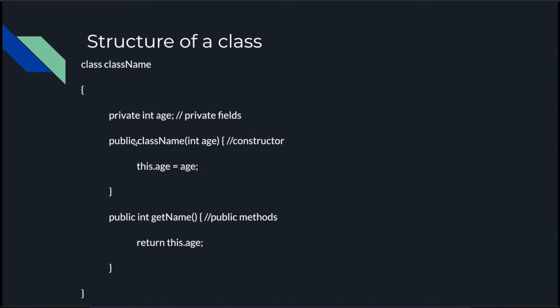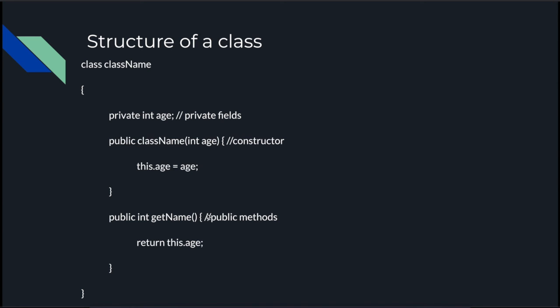So public, then our class name, and then we take in the arguments that we want to initialize our private fields with, as a variable type and then the name, and if you want more, you can just do comma, variable type, name. Then we will instantiate the private fields with this.age is equal to our argument name.